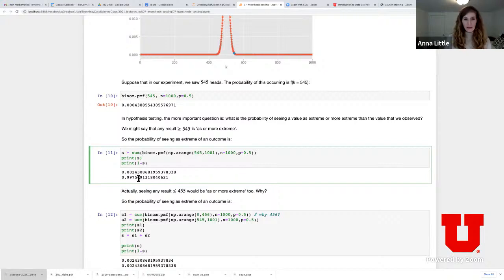But one thing to keep in mind when you're doing hypothesis tests is you can get extremes in both directions. You can get a count that's much higher than expected, and you can also get a count or a mean that's much lower than expected. In general, when you're computing how extreme the outcome is, you want to add the probability of both sides.